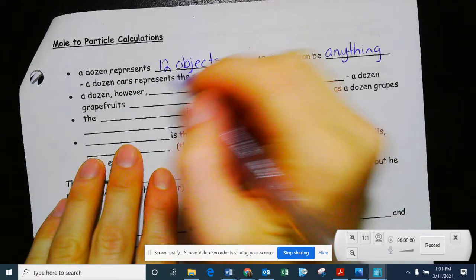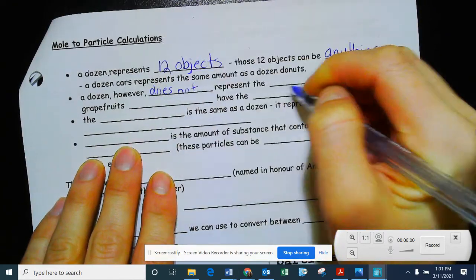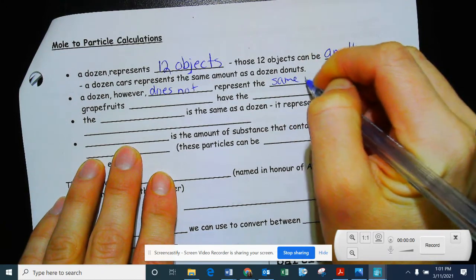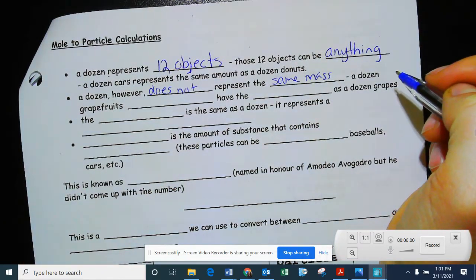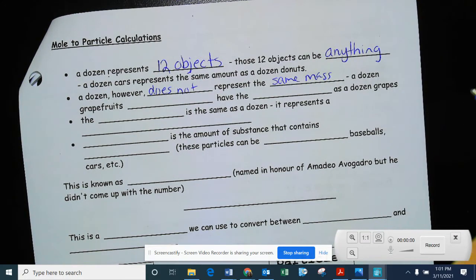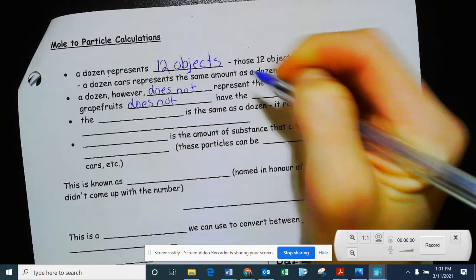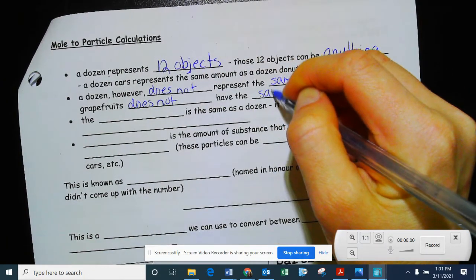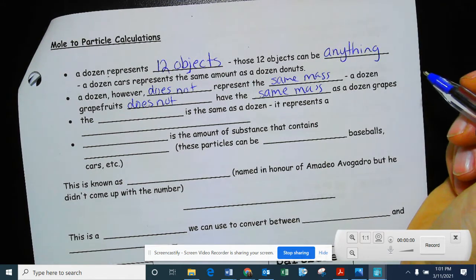But a dozen does not represent the same mass. So like a dozen grapefruits, for example, does not have the same mass as a dozen grapes.